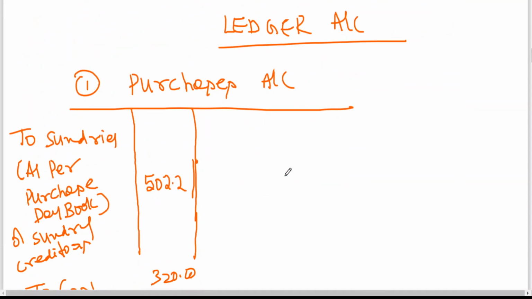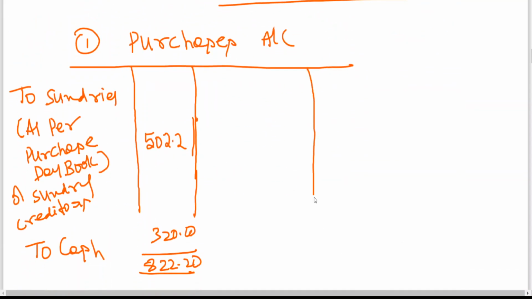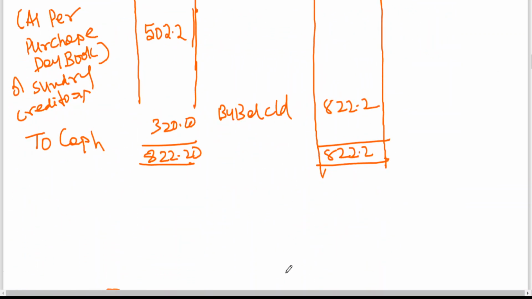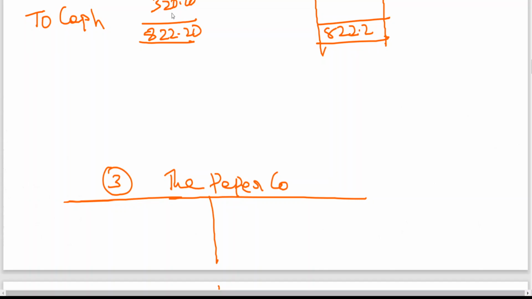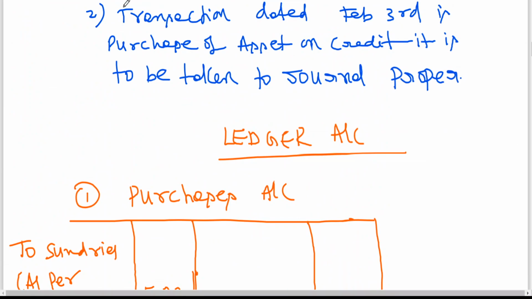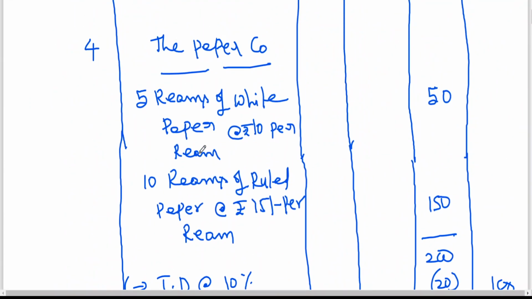In fact, the question is not asking for the ledger account, but I am trying to explain this. Is this clear? I think you know the date, particulars, etc. The second account which I need to open is Paper Co.